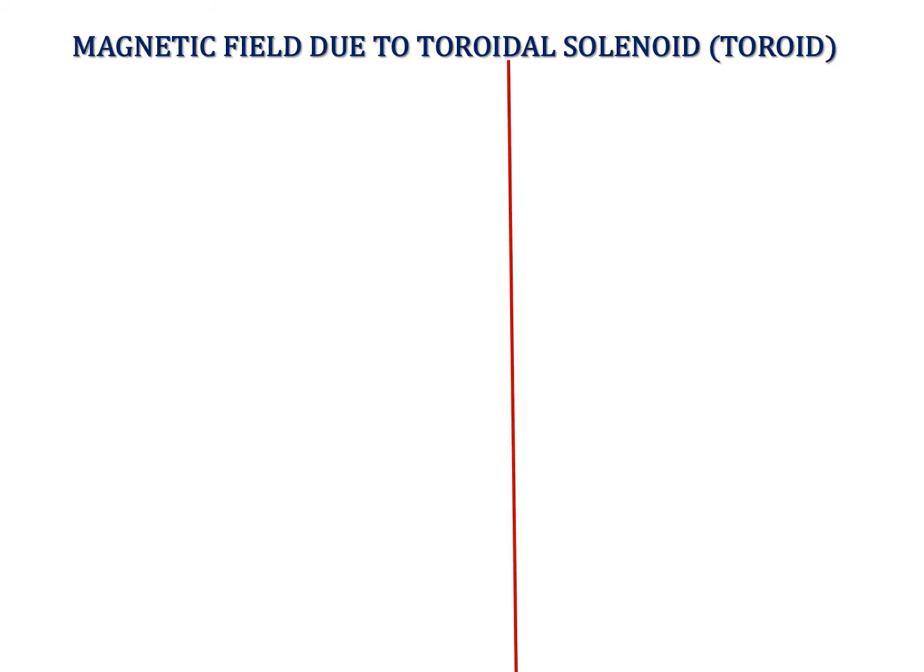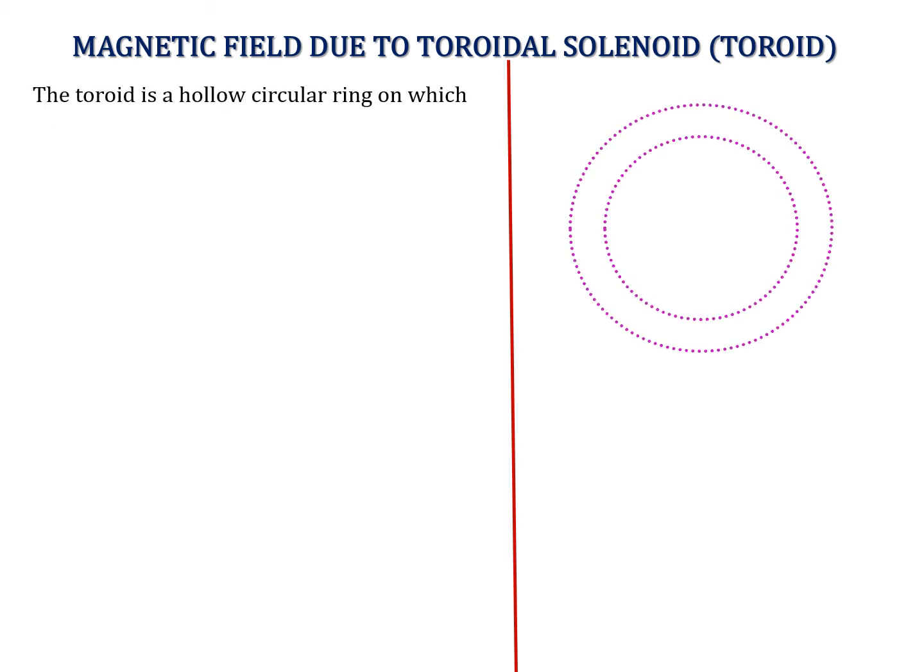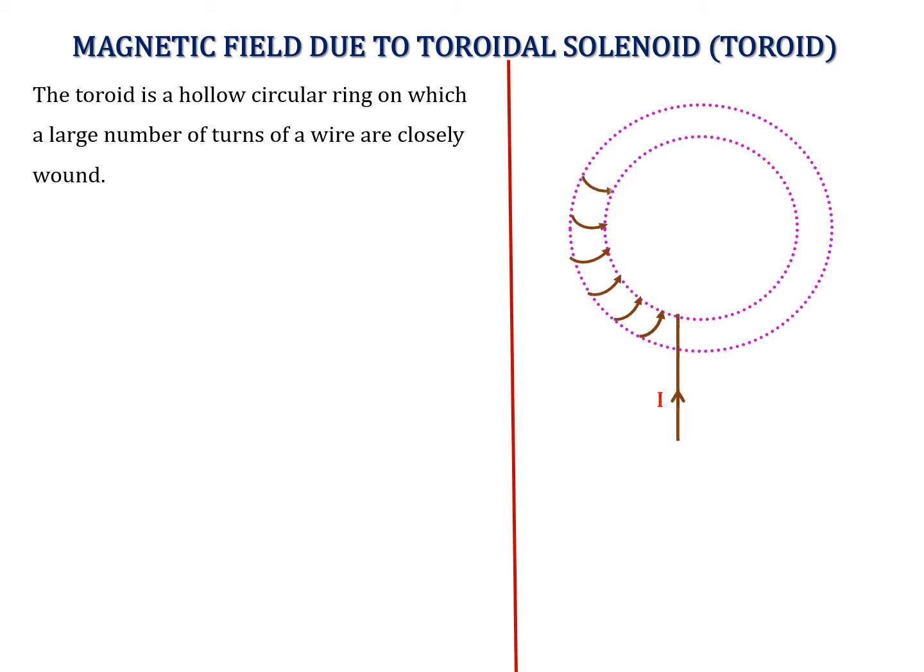Magnetic field due to a toroidal solenoid can be found by applying Ampere's law. A toroid consists of a hollow circular ring on which a large number of turns of wire are closely wound. When current is passed through the toroid, a magnetic field is set up.